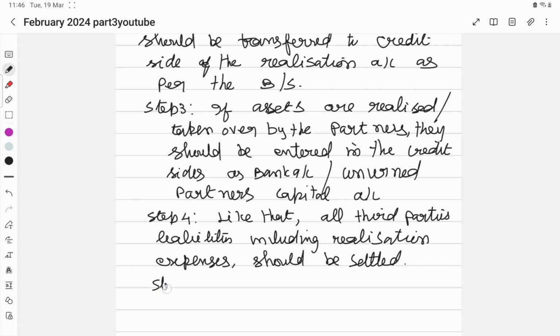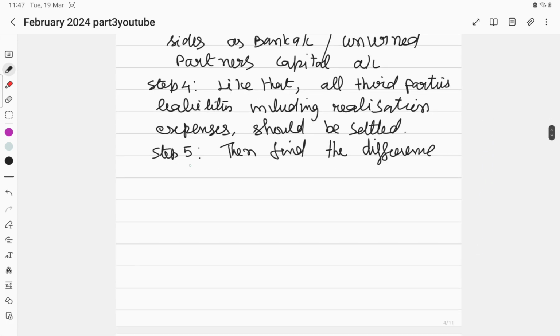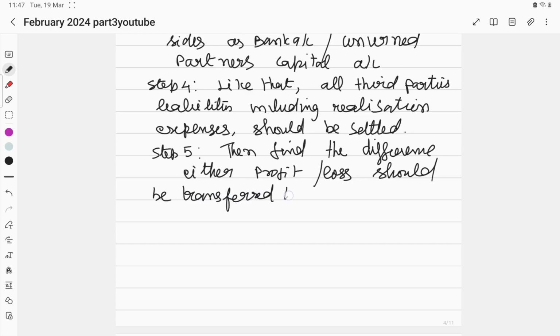Then find the difference, either profit or loss. It should be transferred to partners current or capital accounts.